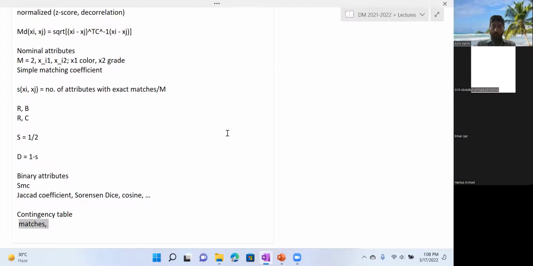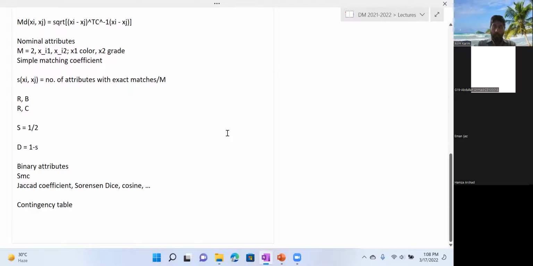Let's say on the row is xi. xi may have multiple values, but if that value matches with the other, let's say attributes A, B, and C. Actually, you can do this in a different way.